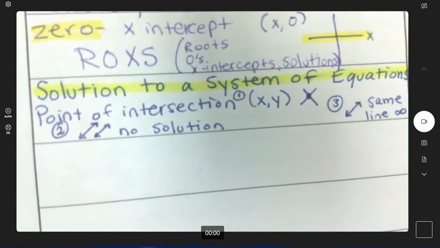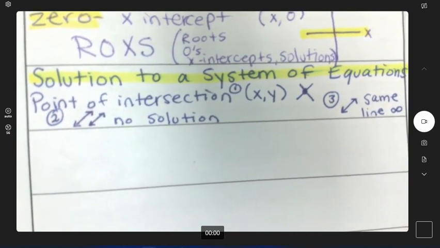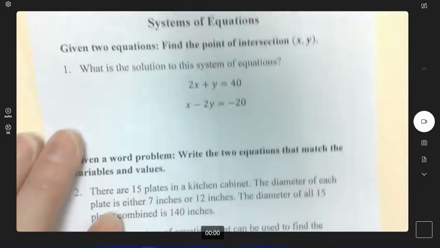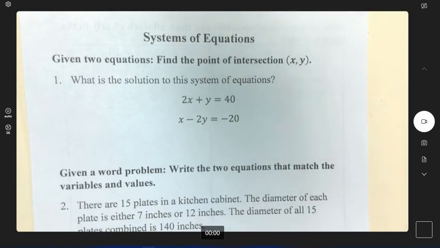Okay, if you don't get it, you can copy it from somebody else at your table, okay? Okay, so let's look at our notes. So this is just a quick mini lesson, and then you're going to do some practice problems at your table.